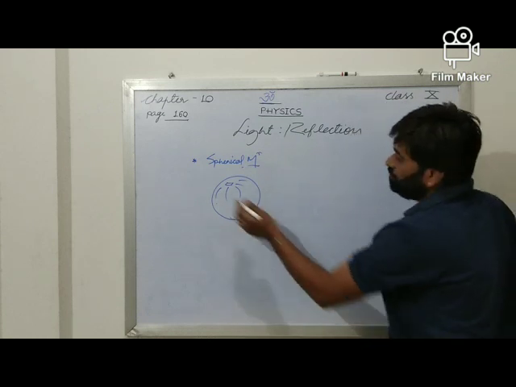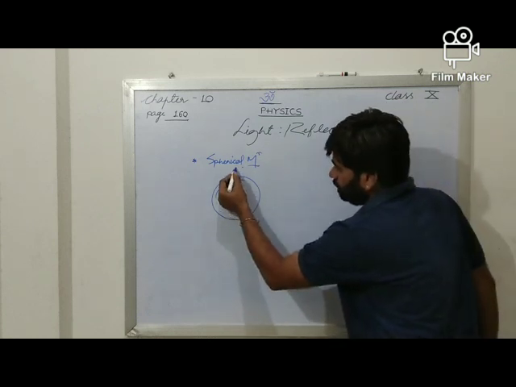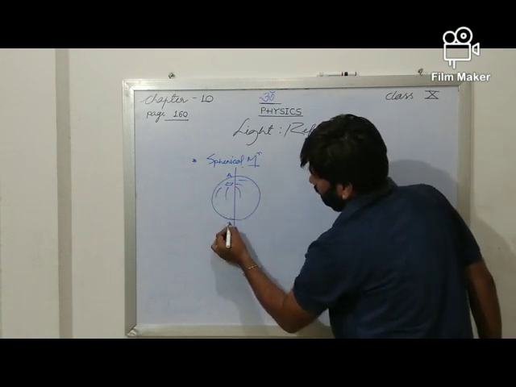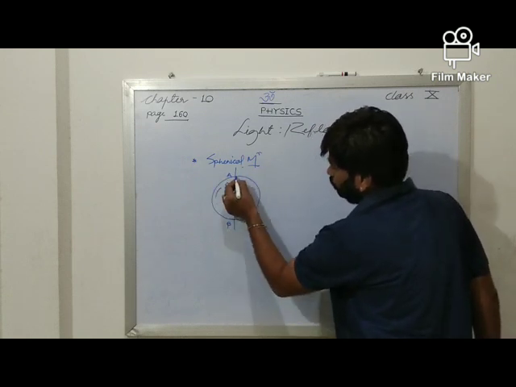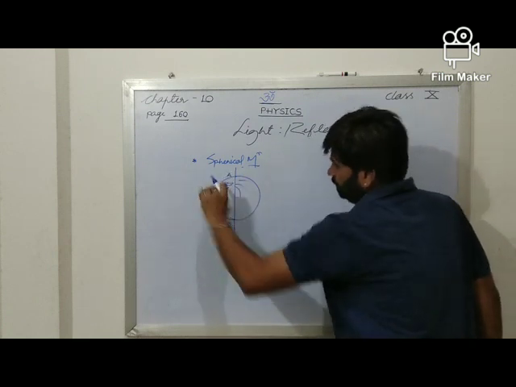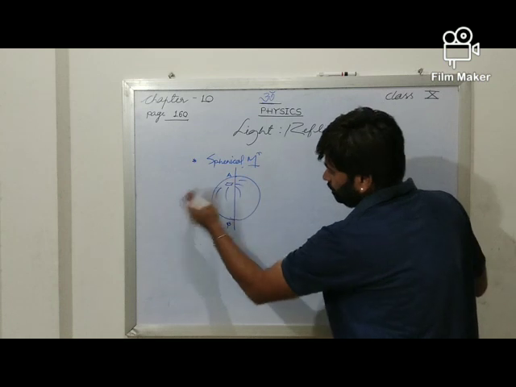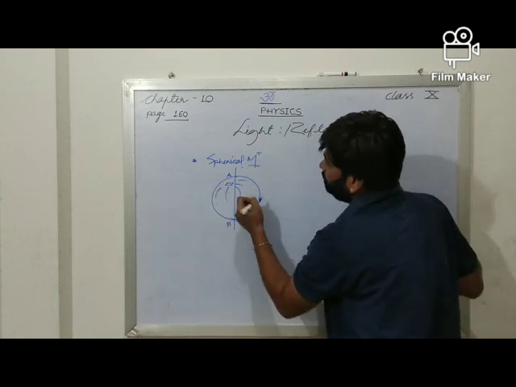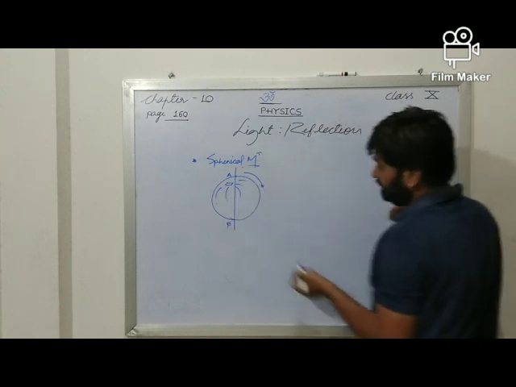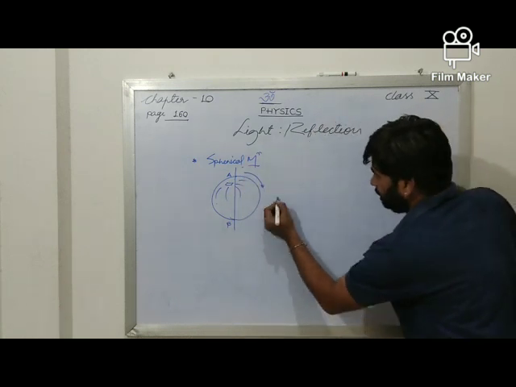Now, suppose I cut this sphere through points A and B, and I keep the left side part in my hand and leave the right side part, then it will move down. Let us see what will happen.